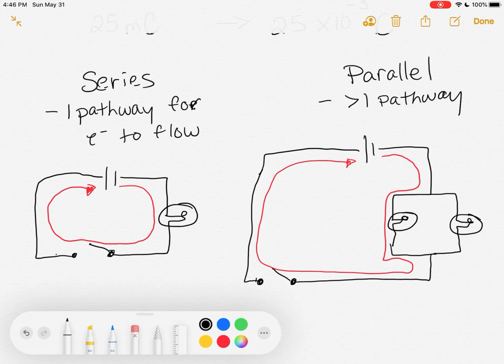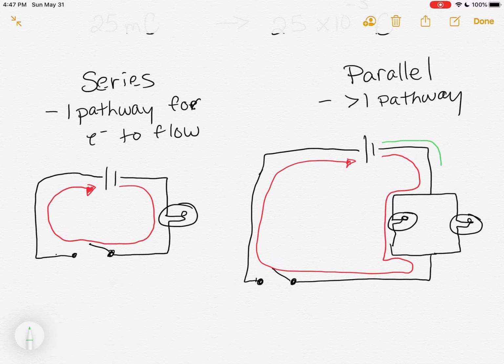Well, let's actually put bulbs on here. Or they could flow through this second light bulb and then flow back into the battery. And so there are two separate, distinct pathways that the electrons can travel through in a parallel circuit, okay?